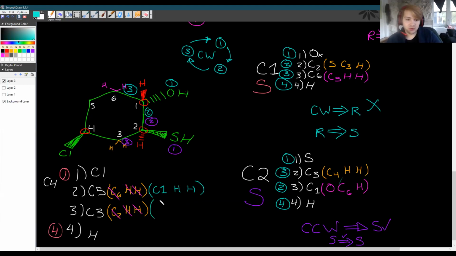And carbon 2, going along, is bonded to a sulfur, a carbon 1, and a hydrogen, right? And now we can say, okay, now the sulfur wins. And so we can say that this branch going towards C3 will win.